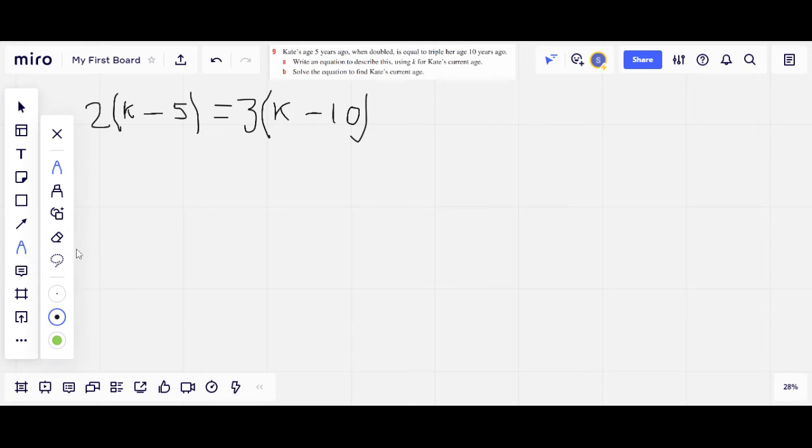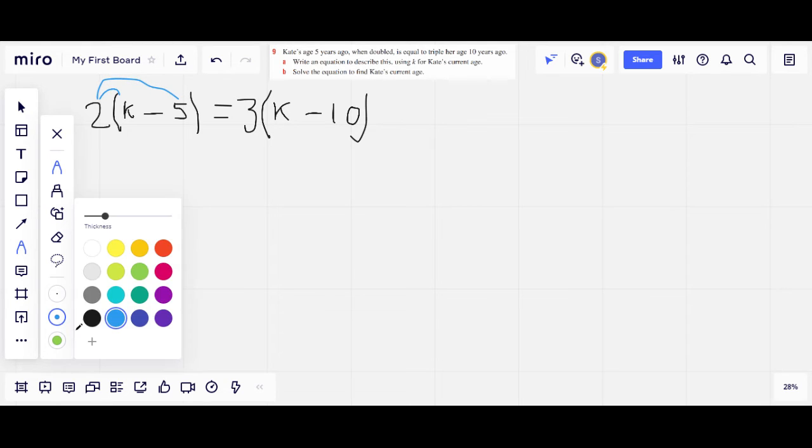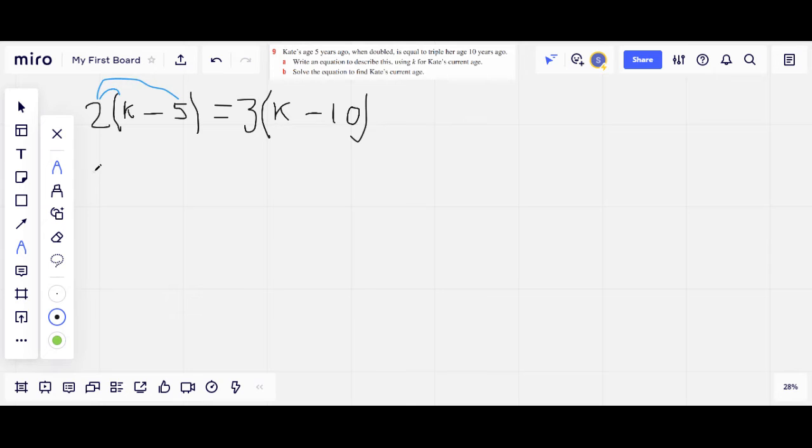So what we're going to do next, when we expand, we multiply by both values here. So we'll have 2K minus 10. And we've got to do the same to this side too.